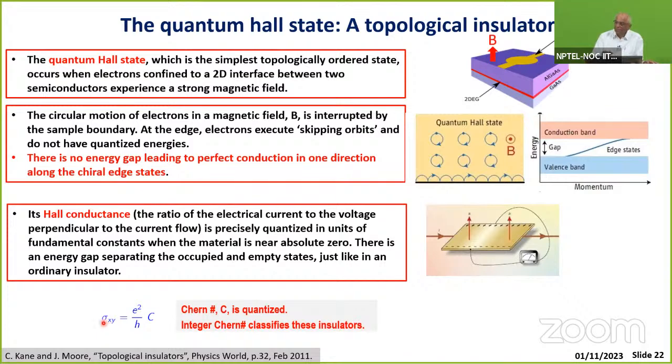That is a consequence of these topological chiral, protected edge states, which are a consequence of the skipped cyclotron orbits forming at the edges, giving rise to continuous edge states connecting the valence band to the conduction band.